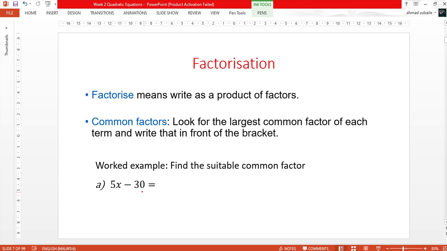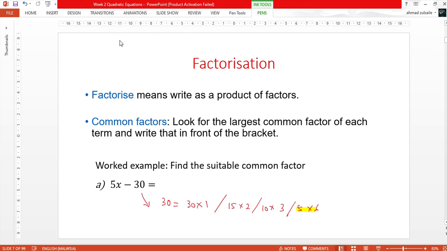But for this 30, you can find the multiplication that's suitable: 30 times 1, or 15 times 2, or 10 times 3, or 5 times 6, right? In order to find the common factor between 5x and 30, make sure that you have 5 within your multiplication of 30. So the suitable is 5 and 6, right?